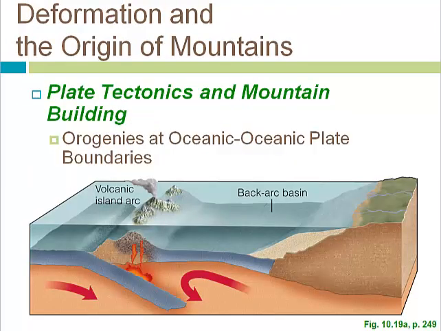So how does this, it's called an orogeny, like Oregon, that means mountains. And it's an episode of mountain building. And orogenies are produced by convergent plate boundaries, usually where one is subducted under the other, which is what you see here. This is an oceanic plate boundary, and what happens is as one subducts under the other, you get this arc of islands, which is this right here.